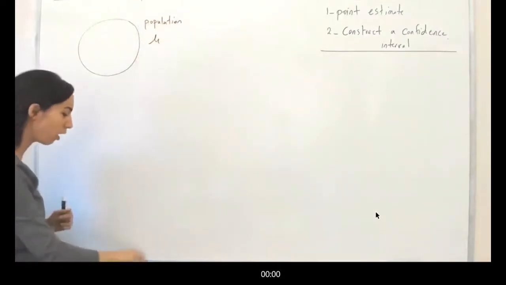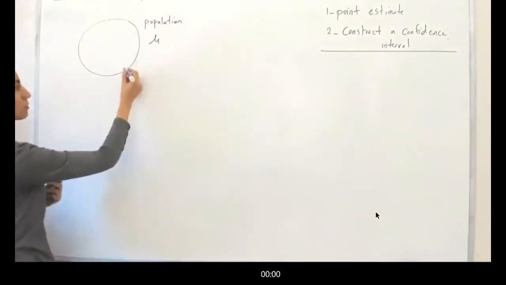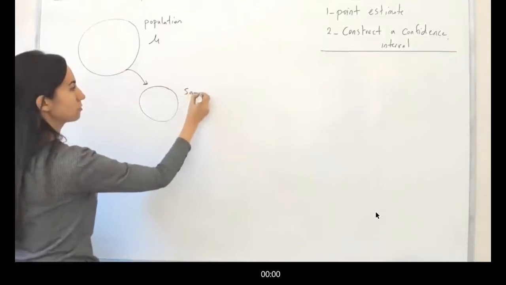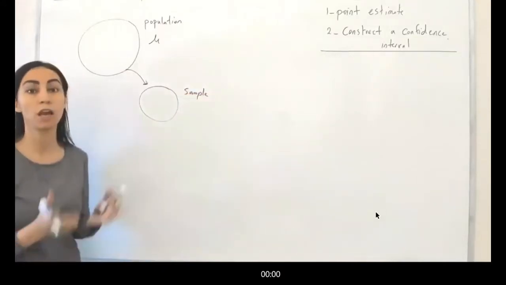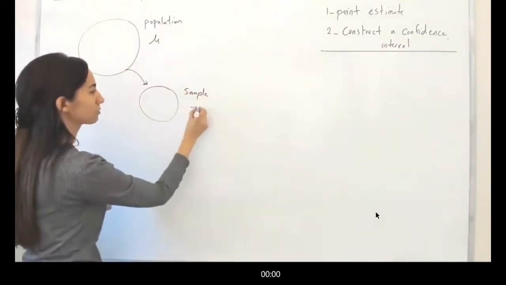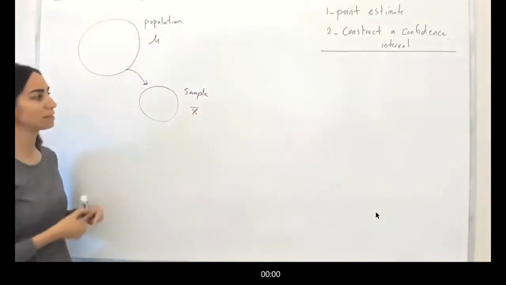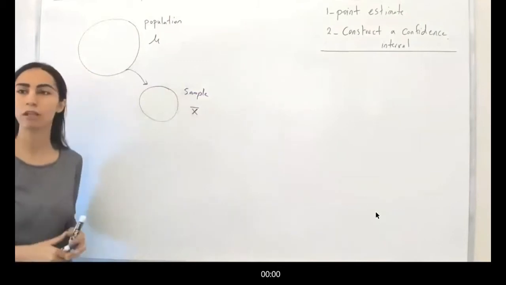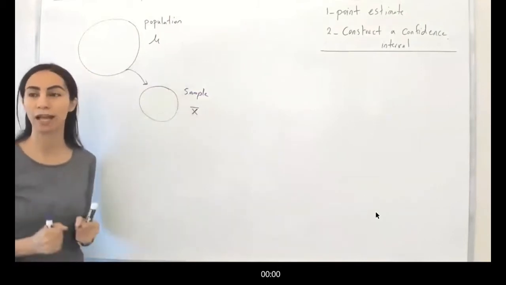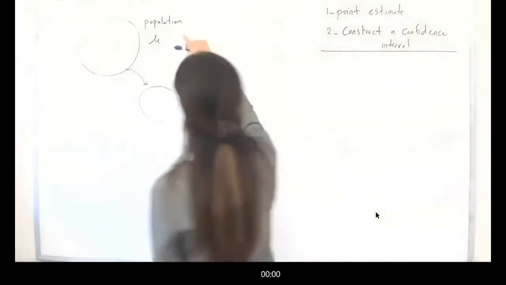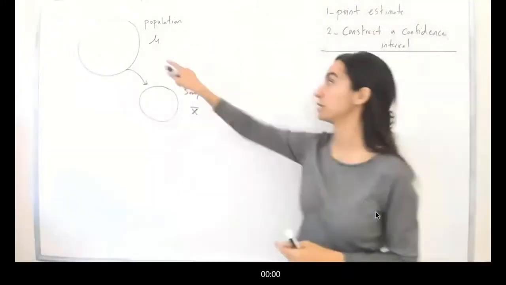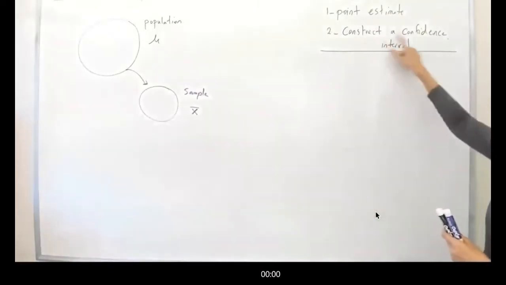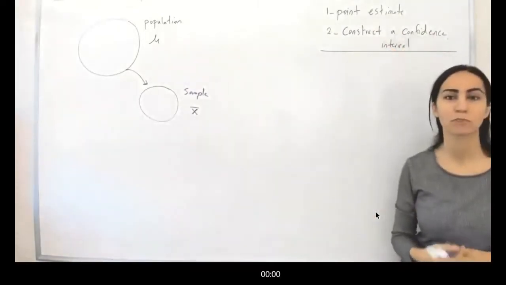If you take just one random sample and find the mean of your random sample, the chance that X bar and mu are the same is very low. Very well. So to increase our chance to capture the population parameter, in this case the population mean, we're using confidence interval.